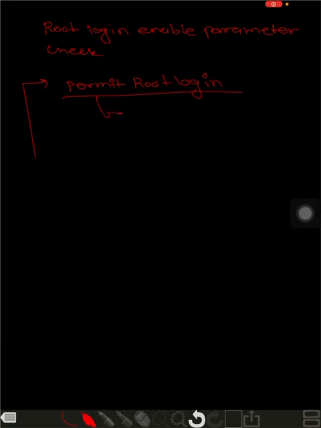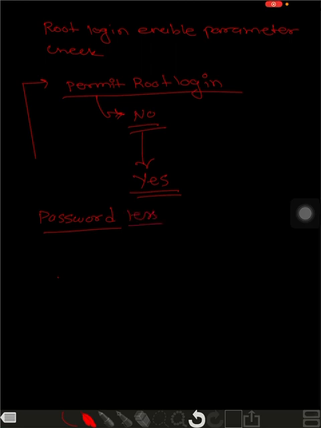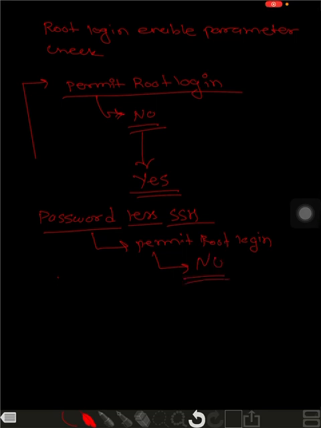By default the value of this parameter is set to no. You need to make the value of this parameter yes, because even if you enable the passwordless SSH in step 2 as we discussed, if the PermitRootLogin value is set to no, your passwordless SSH will not work.